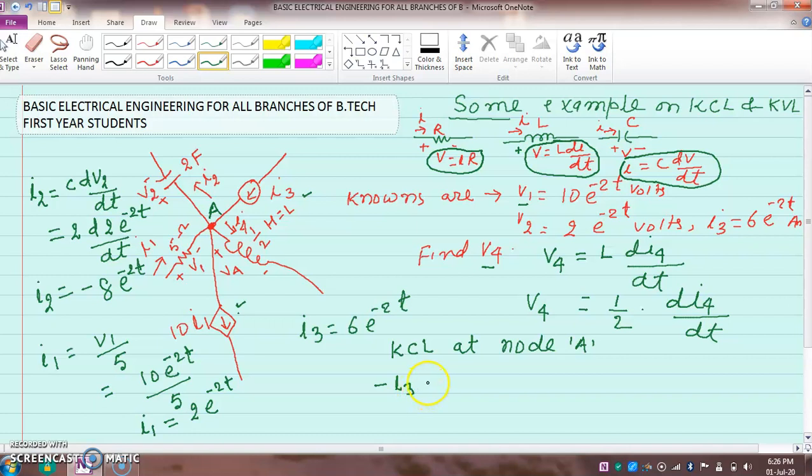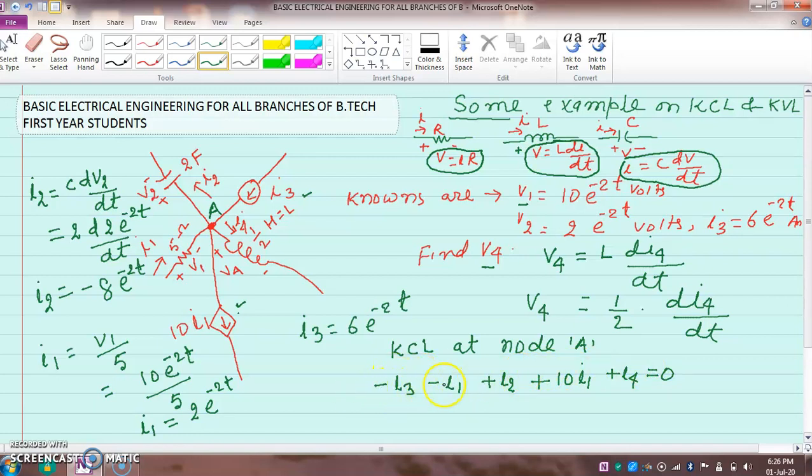I2 is outside, so it is positive. 10 I1 is also outside, so it is positive, and I4 is also outside, so it is positive, equal to 0. This is Kirchhoff's current law.